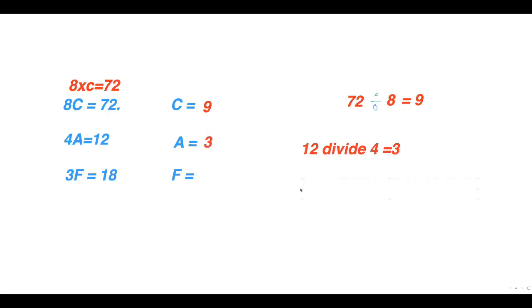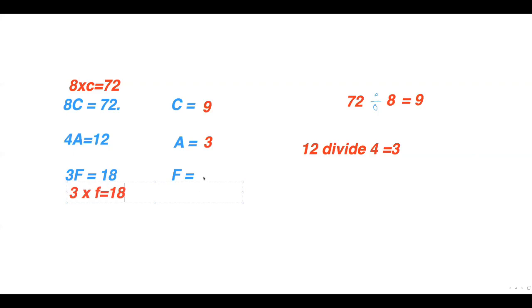Now we have 3 times F, which gave us 18. Remember, we don't have any sign, so all we're doing is timesing the number with the letter. So we've got 3 times f equals 18. This is all we're doing.